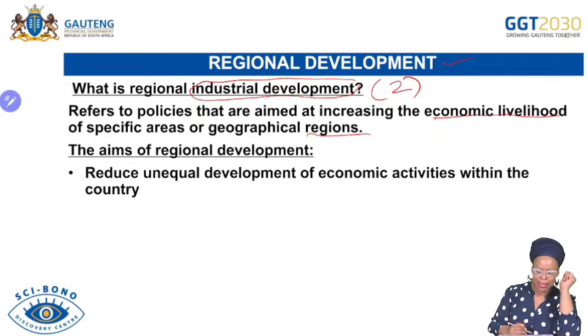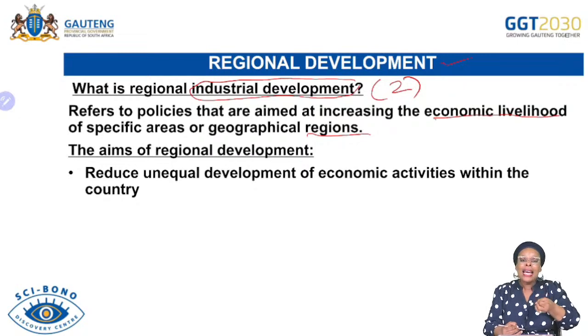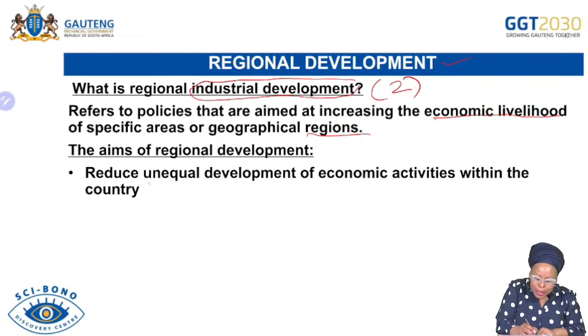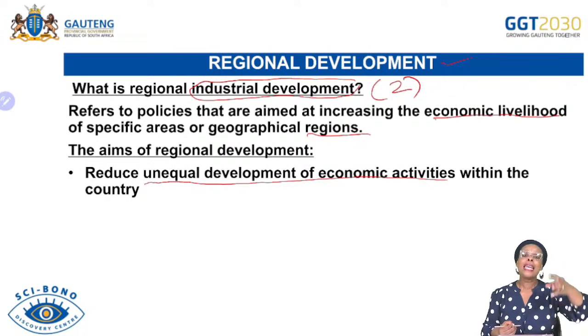It has aims. You need to know the aims of regional development because you can be asked to briefly explain or briefly discuss them. Number one, regional development reduces unequal development of economic activities. Remember what I mentioned earlier.